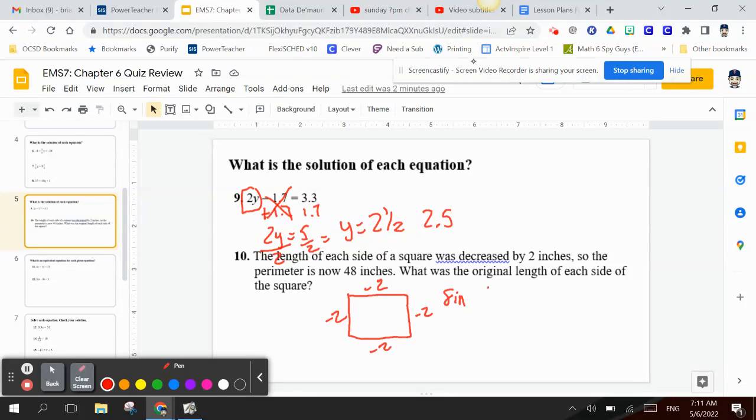So I'd have to add 48 plus the 8 inches that they took off, which is 56, and take 56 inches divided by 4 sides, which is going to be 14 inches per side.